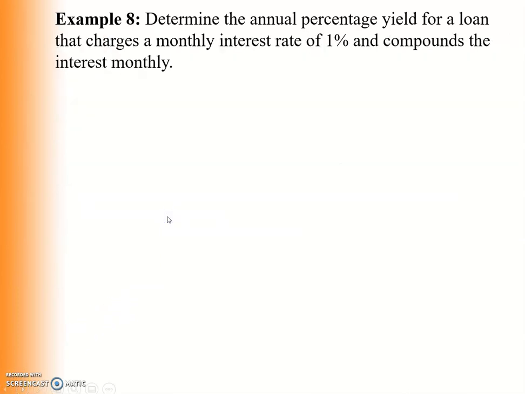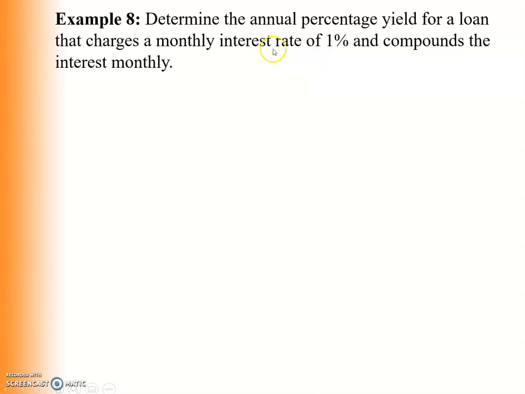Okay, next we look at one more example. Determine the annual percentage yield for a loan that charges a monthly interest rate of 1% and compounds the interest monthly. In this case what we have is the monthly interest rate. We don't have the annual interest rate, and we need to find the annual percentage yield. Normally we calculate the monthly interest rate from the annual rate by dividing by 12.